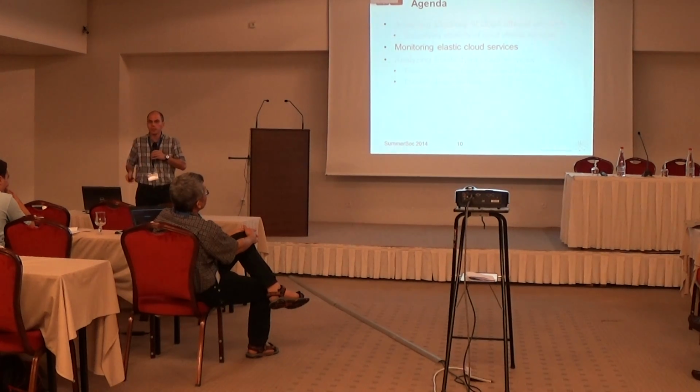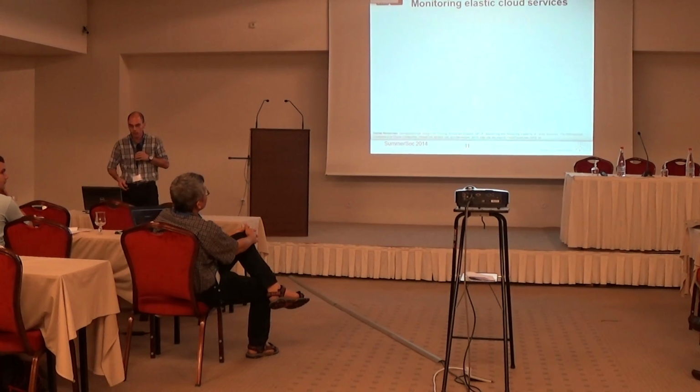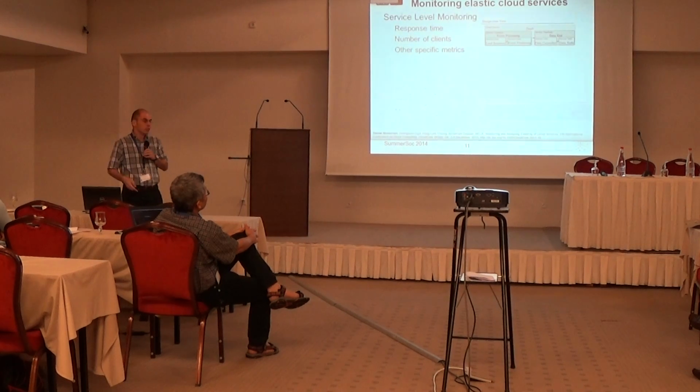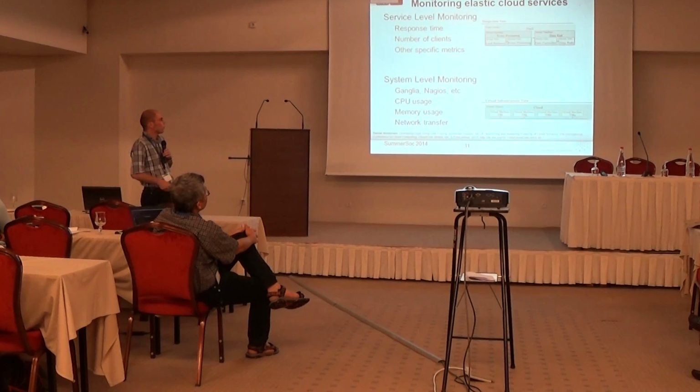Now after you have everything deployed and running, excellent, you want to monitor elastic cloud services. And this is a traditional problem that we encountered when we started this work a couple of years ago. You have service level monitoring, response time whatever, and system level monitoring, but not a lot of connections between them. So if the cost per client is too high, why?